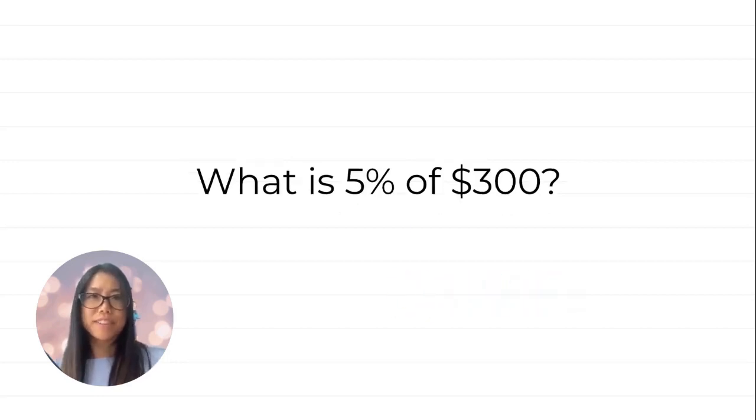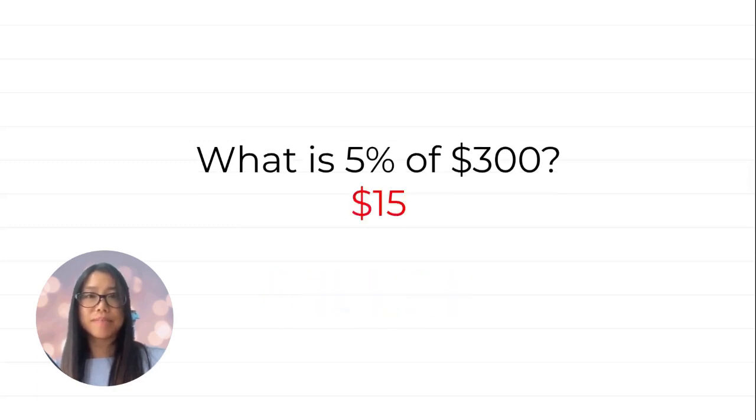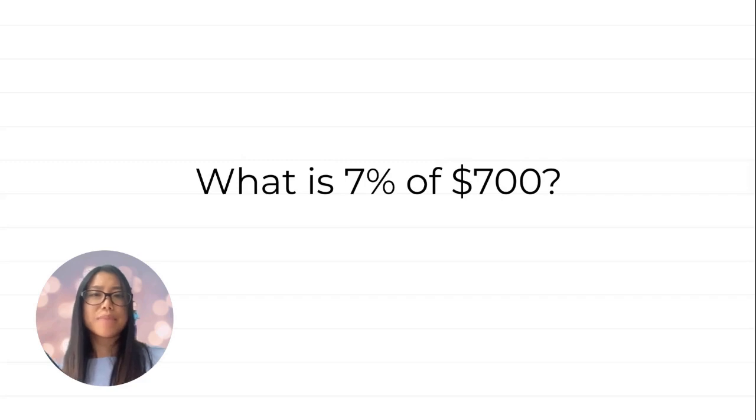5% of 300. Well, we know 10% of 100 is 10, so 10% of 300 is 30. We halve that to get 5%: $15. What's 7% of 700? Well, I know that 7% of 100 is $7.